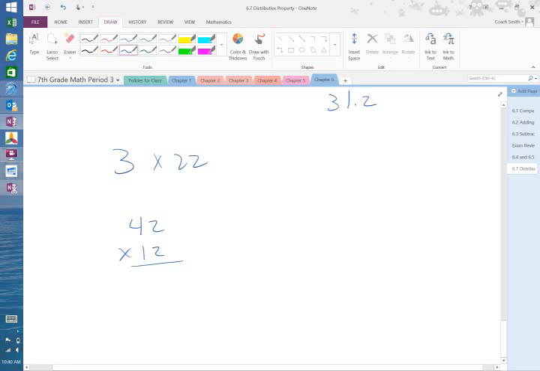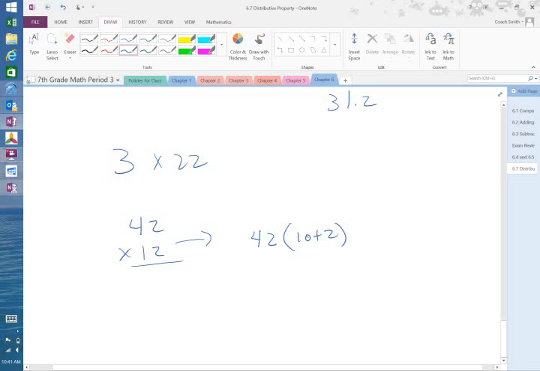Okay? That is, no. It's 486. How do we use the distributive property here? Well, we do this. 42 times 10 plus 2. What is 10 plus 2? 12, right? Okay.